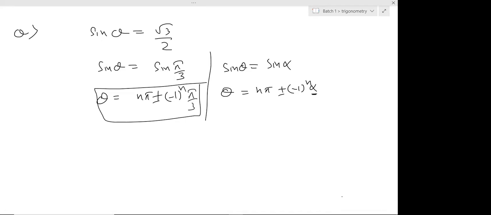All right. Next question. Cos theta is equal to half. General solution.